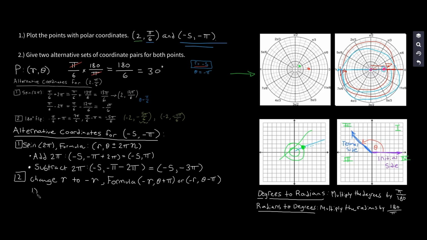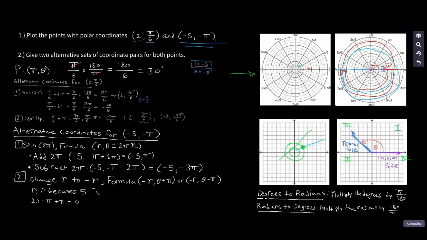The first thing that we'll do is change r from -5 to 5. So r now becomes 5. We're changing the sign. And the second thing to do is to add pi to the angle. So we'll have -pi plus pi, and that's going to equal 0, and that's our new angle theta.